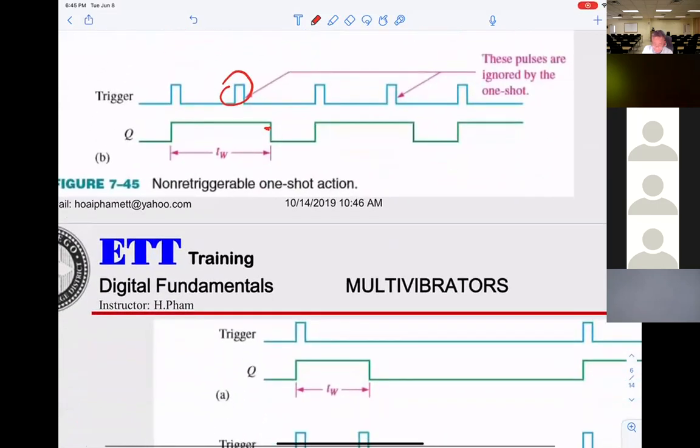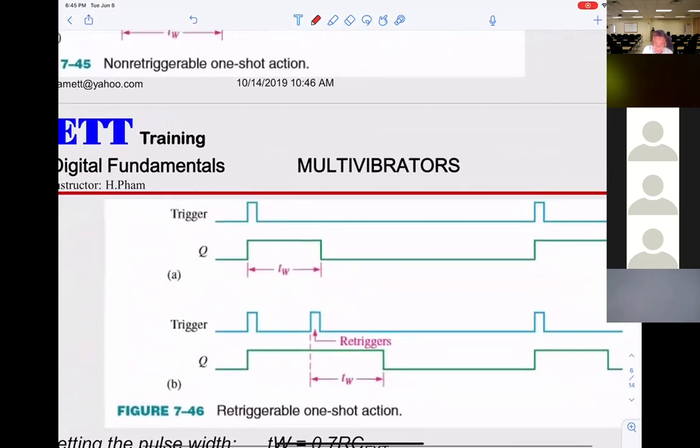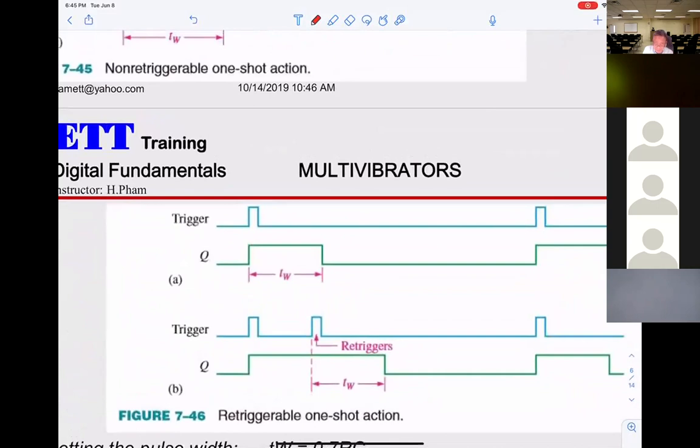And non-retriggerable, that's also a different type of circuitry. They trigger, they get a pulse coming out. And when they trigger again, they get another one. And with R and C, you can set the width of the pulse you want. And on that one, they say re-trigger.